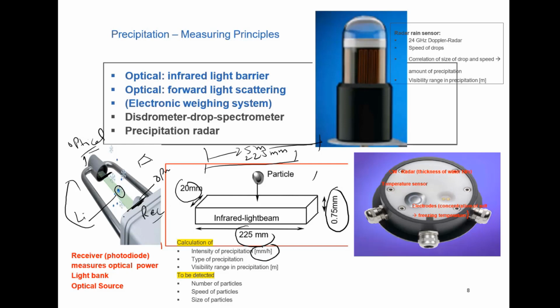We can also identify its type, and we can also measure the visibility as well. So from the number of particles, speed of particles, and size of the particle, we can identify its characteristics.